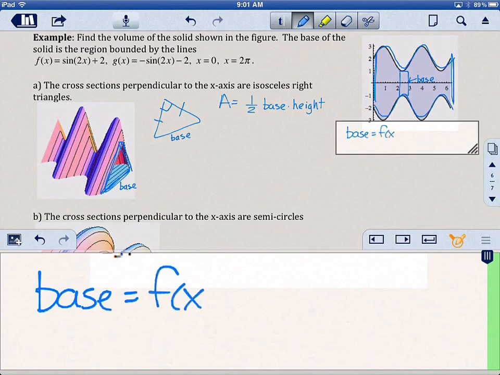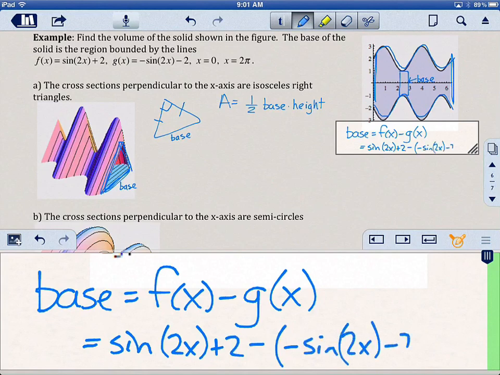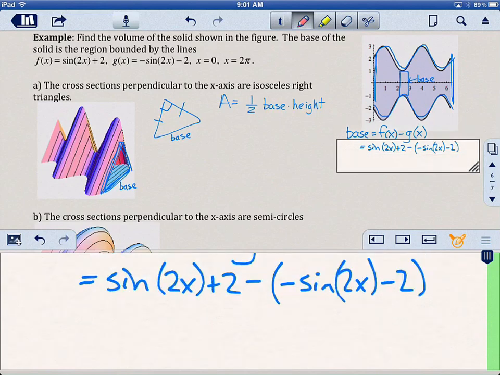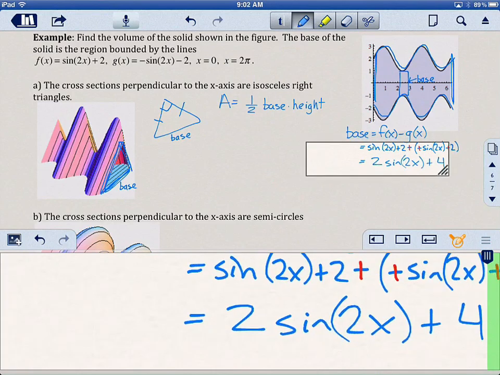It's just going to be f of x minus g of x, which is just going to be sine of 2x plus 2 minus negative sine of 2x minus 2. And we'll change our signs here. And so we get 2 sine of 2x plus 4. And this is the base.